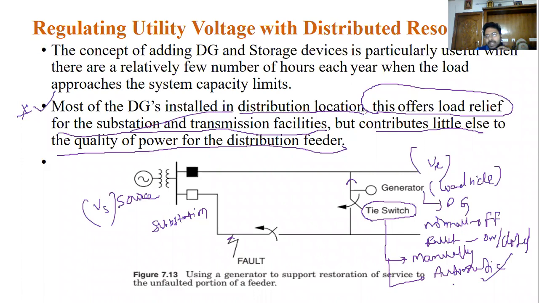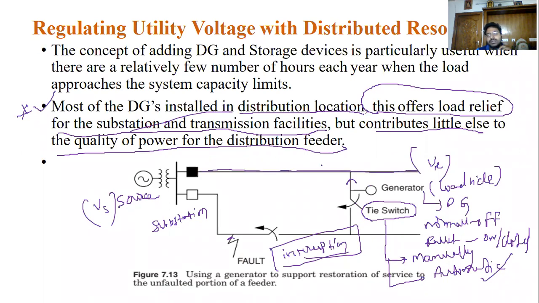To maintain, what will happen here? There is a fault, so we open the switch, which is nothing but an interruption. In this case, you will get the interruption. When you get the interruption, you know that there is no power. In that case, we can close this tie switch, so this generator will supply some power to this feeder.